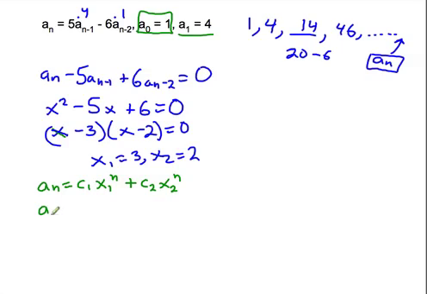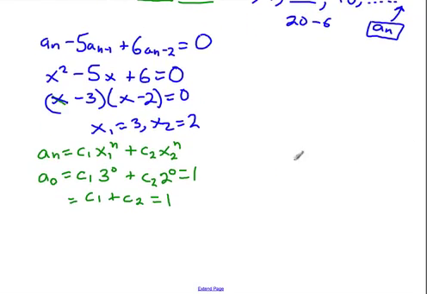So for n equals 0, we have a naught equals c1 times, now x1 was 3, so that's 3 to the power of 0, plus c2 times 2 to the power of 0, and of course these numbers are 1, so that's just c1 plus c2. And a sub 0 is equal to 1, so we have c1 plus c2 equals 1.